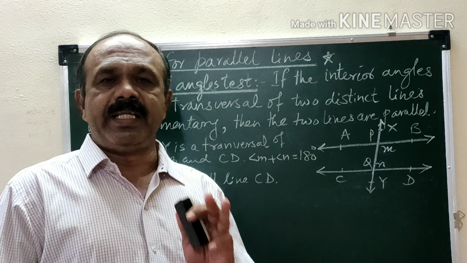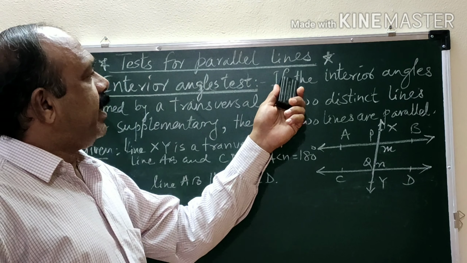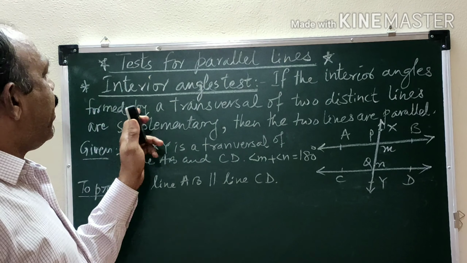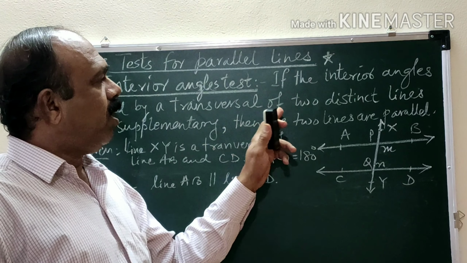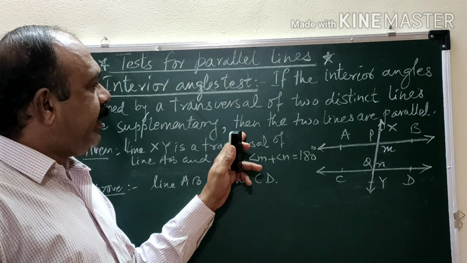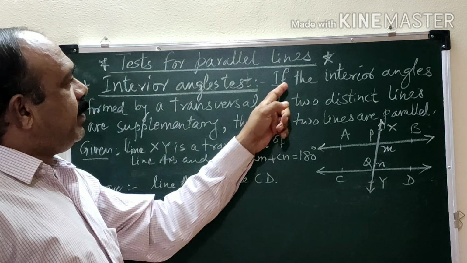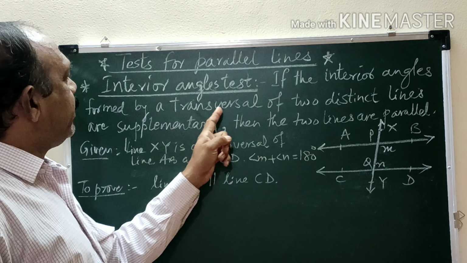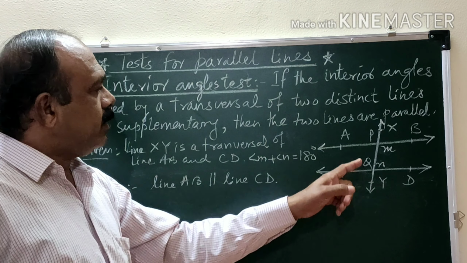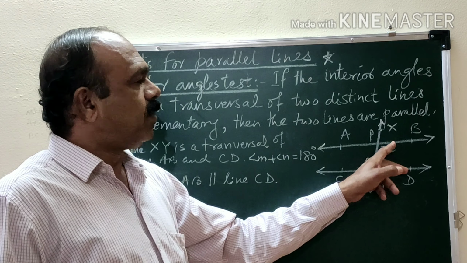Now, what is the statement for the interior angle test? If the interior angles formed by a transversal of two distinct lines are supplementary, then the two lines are parallel. Here AB and CD are two distinct lines.